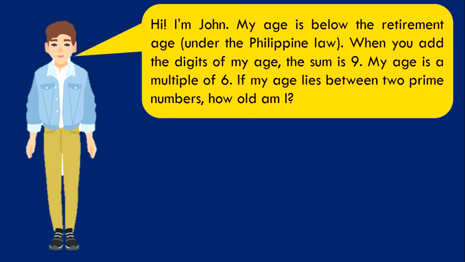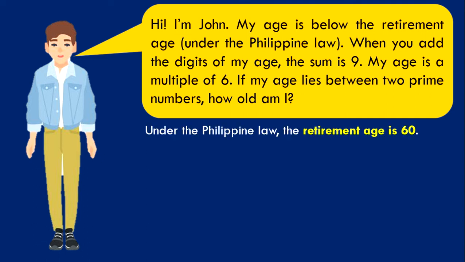From the question asking for the age of John given the following clues, let's apply inductive reasoning to get the answer. There are 4 clues provided. Let's start first with the statement that his age is below the retirement age under Philippine law, and the retirement age is 60. So therefore, we can say that John's age is below 60.